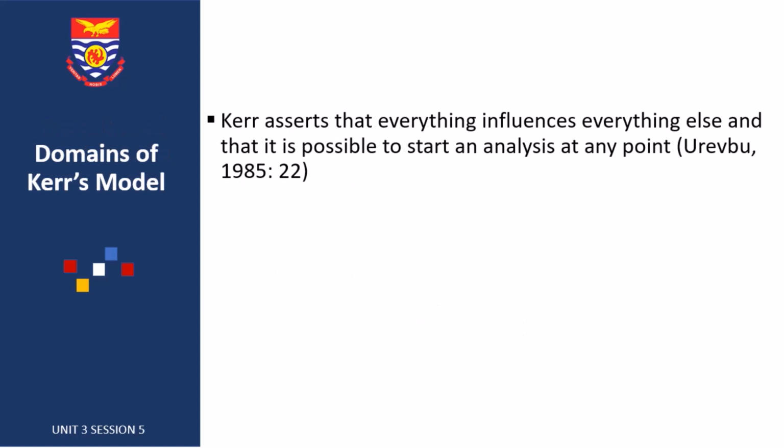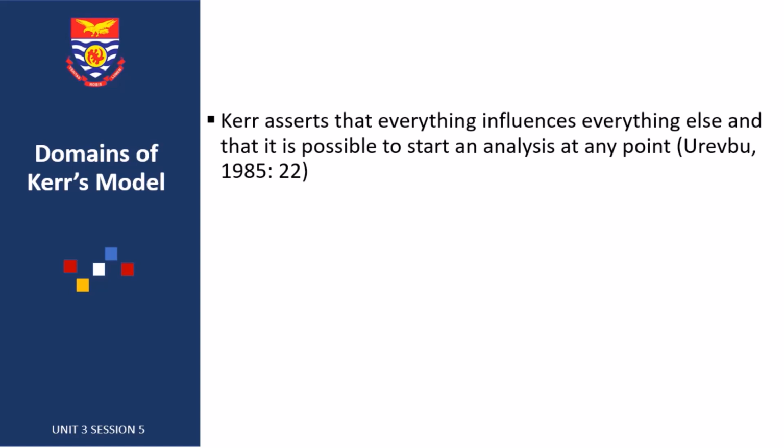Now, Kerr also asserts that everything influences everything else and that it is possible to start analysis at any point. What does Kerr mean by this? When we look at the model, we saw that double arrowheads were used.